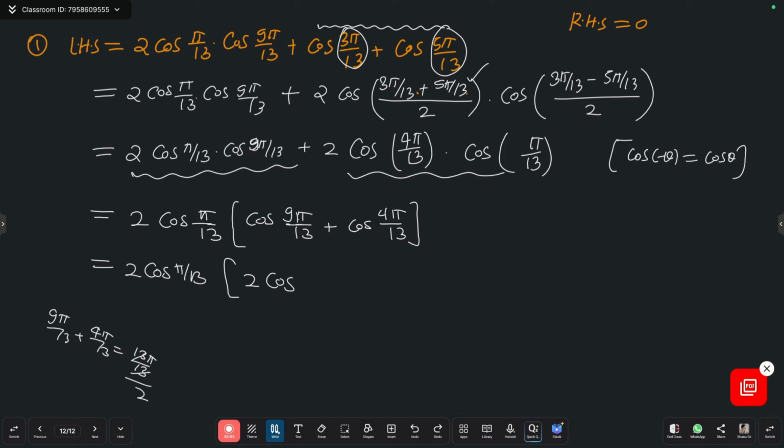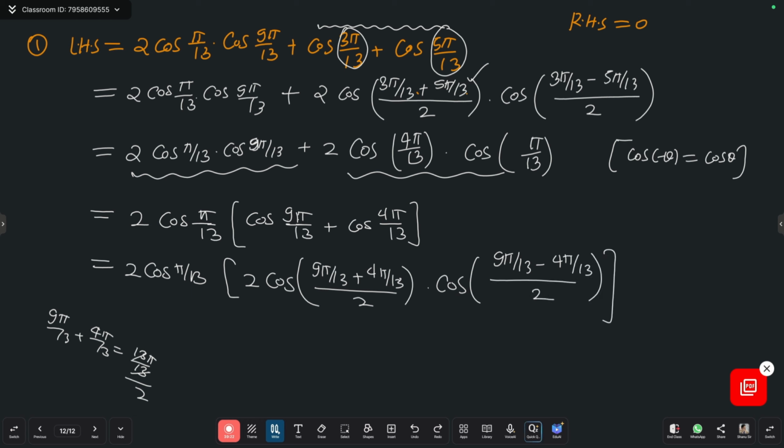Firstly I will write like this, next step I will write directly, upon 2, into cos of (c minus d) by 2, so 9 pi by 13 minus 4 pi by 13 divided by 2.